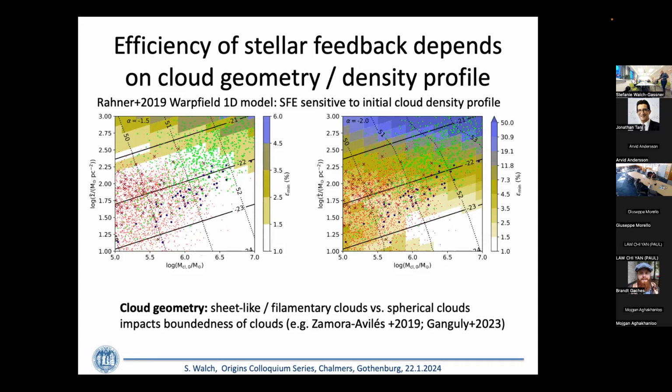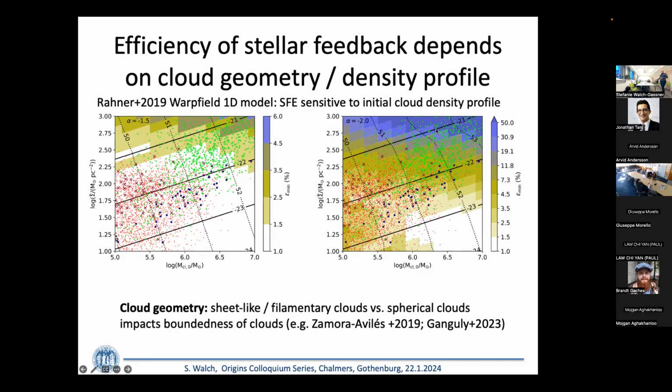And this is also seen in a semi-analytical model by Rahner et al. This is this WARPFIELD 1D model where basically you can get to very, very high star formation efficiencies for higher surface densities. The star formation efficiency here is the color, and it also shows you go up to more than 50%.